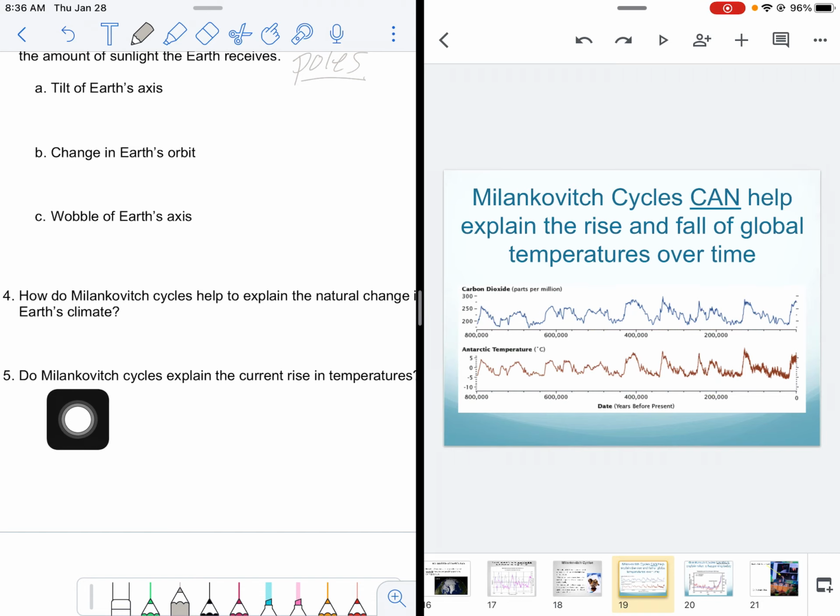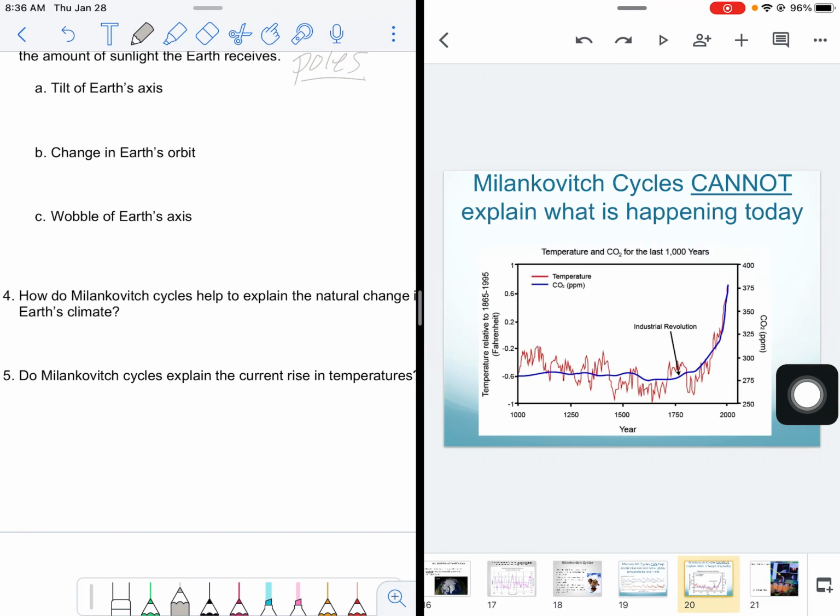So Milankovitch cycles have never caused that huge spike before. So the answer is no. They cannot explain that current rise in temperatures. It's because of excess CO2 going back to carbon cycle because of those two phases in the cycle that we impact the most.